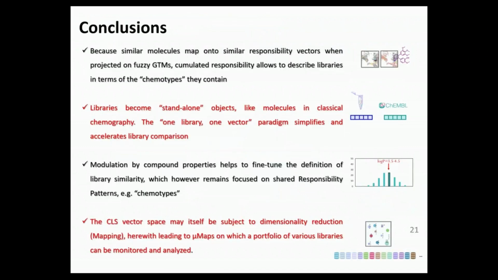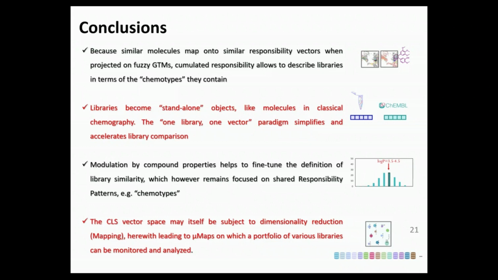So that brings me to the conclusions. With a well-trained map, and we can check whether a map is well trained because it can serve as a predictive model, and if it is a successful predictive model, implicitly it means it is a good map, the cumulative responsibilities will then allow us to describe libraries in terms of chemotypes and are therefore very good library descriptors.